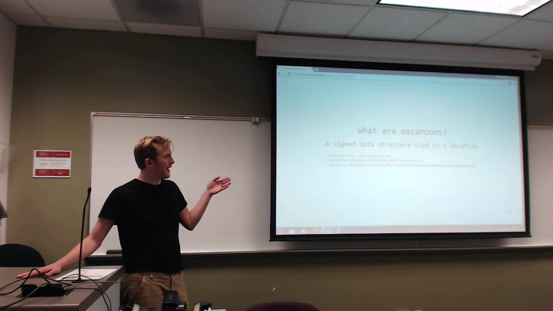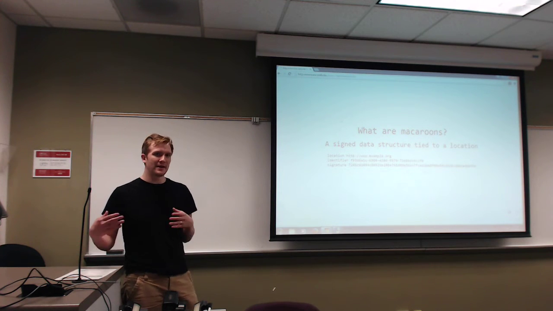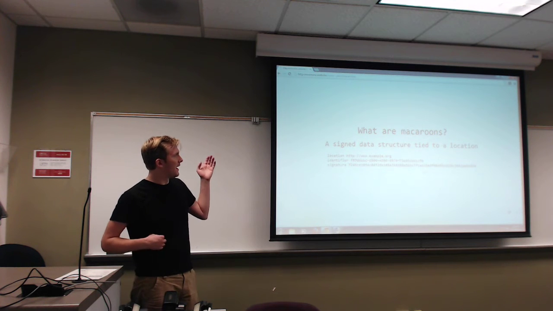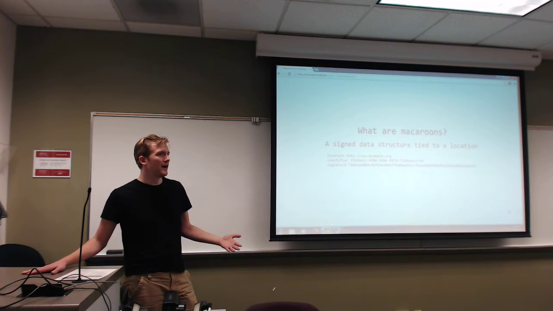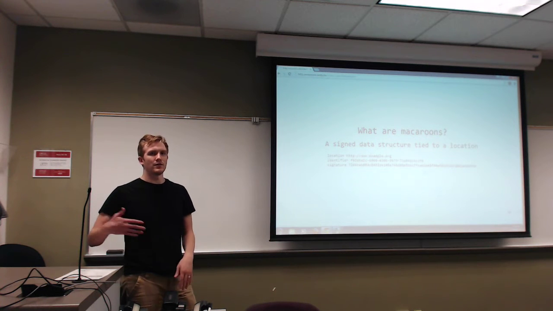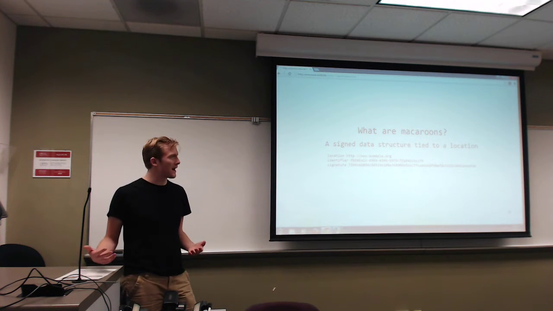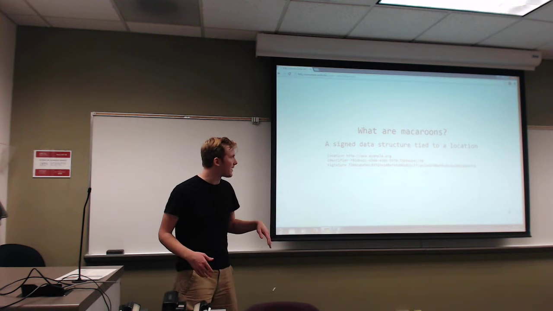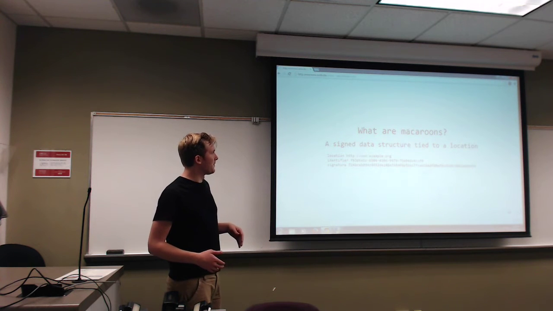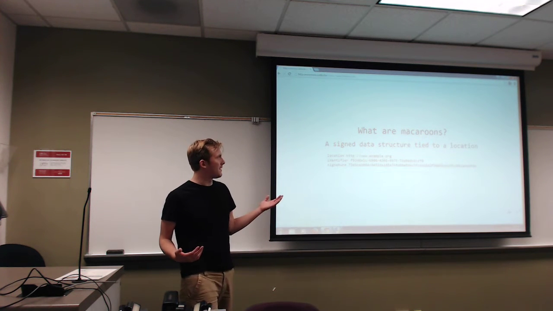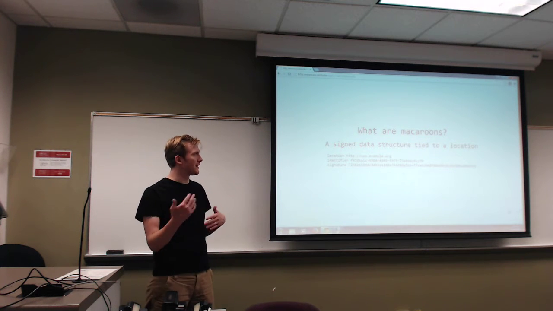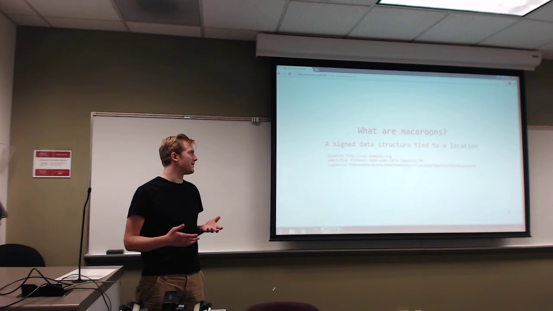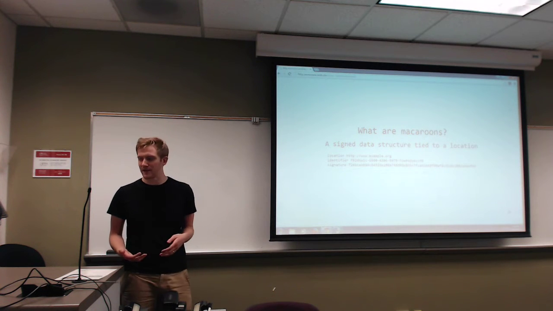So a macaroon at its core is basically a data structure that is tied to a location and has an identifier. The location is basically who created this macaroon. The identifier is just how that location can verify it, and then the signature is just to sign the whole thing to make sure that it hasn't been tampered with.